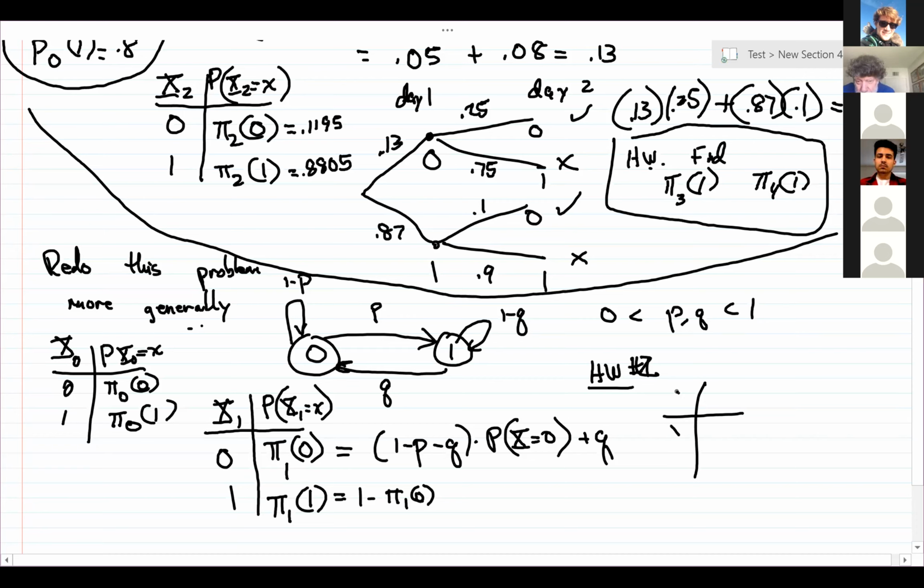So X2 would be 0 and 1. This guy would be pi 2,0. Find the expression for that. Can I be a little nicer? Maybe. Let me see if I can be a little nicer.